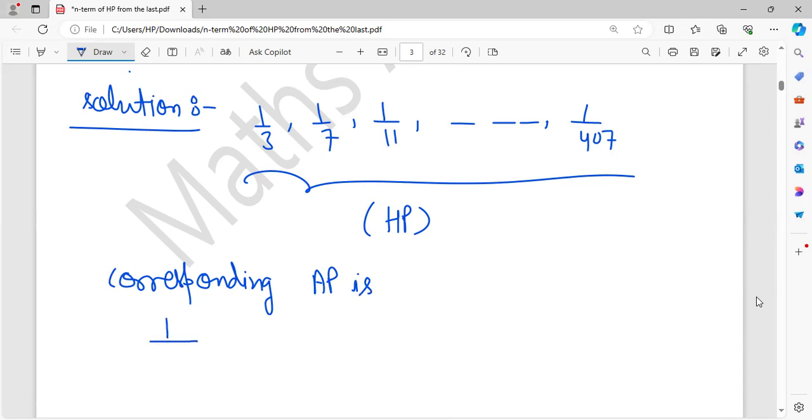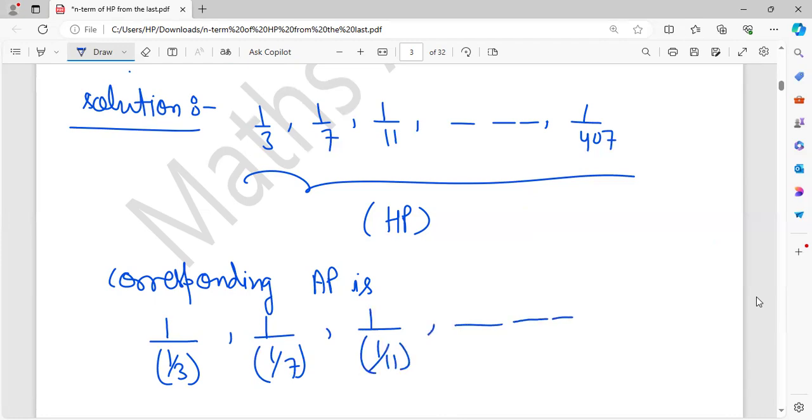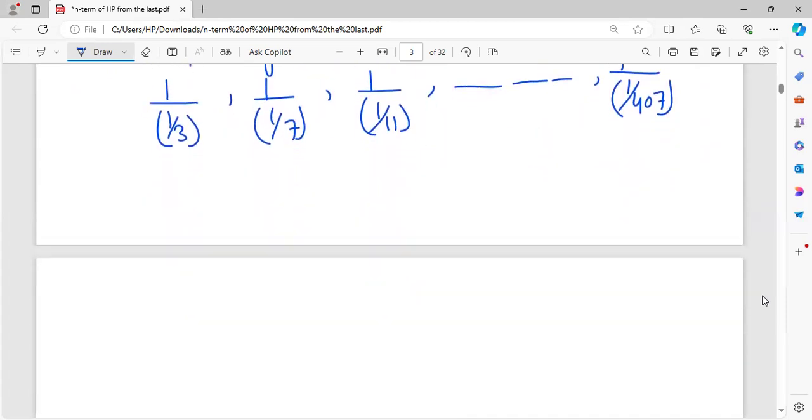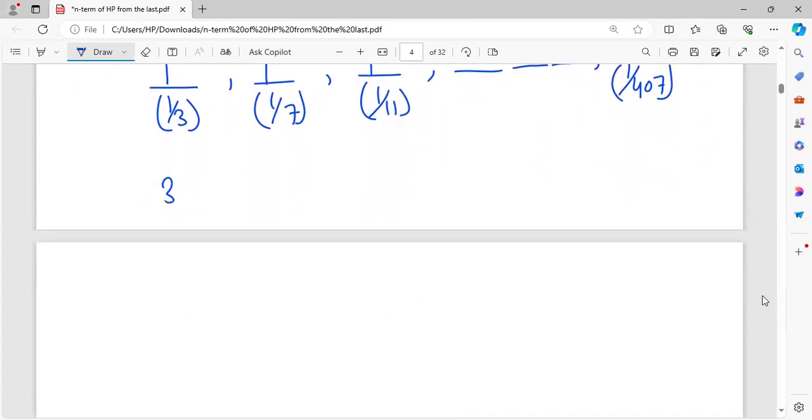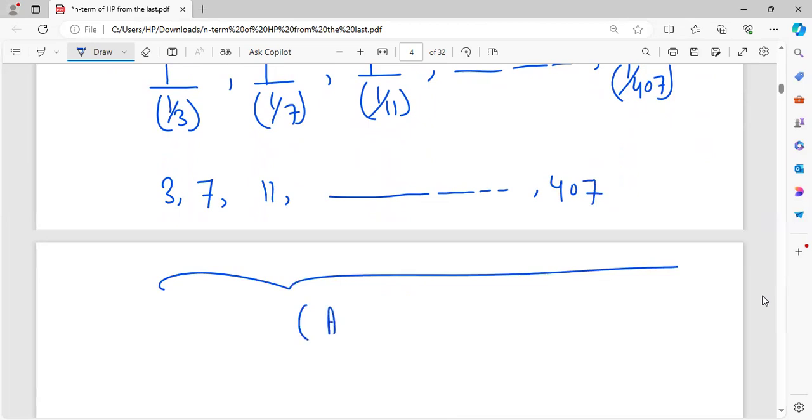It is 3, 7, 11, and so on, up to 407. So this is the corresponding AP.